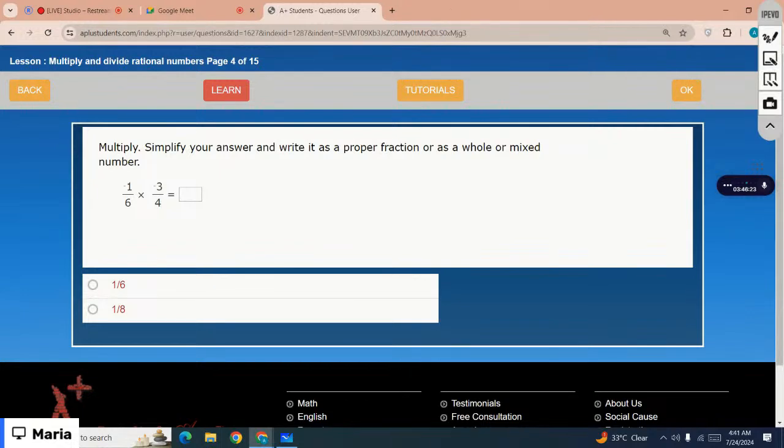The correct option is 1 over 8. Option number 2 is the correct option.